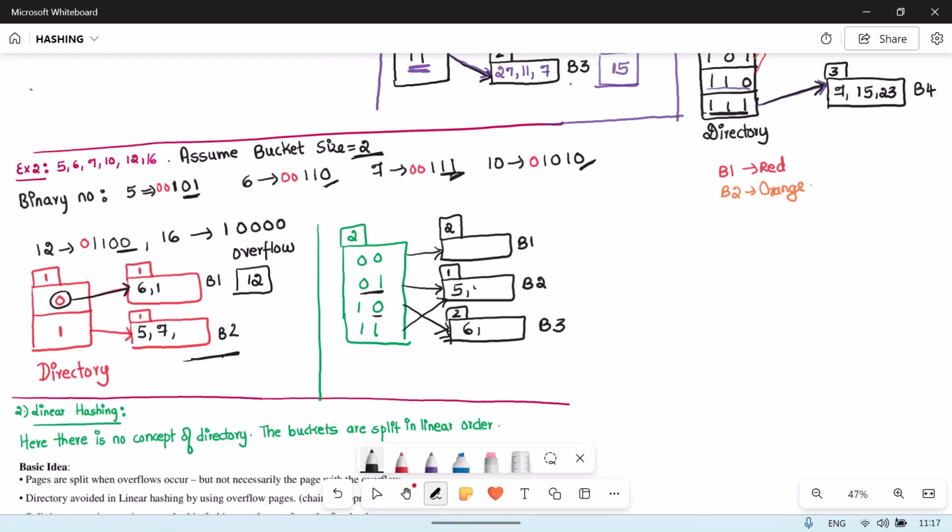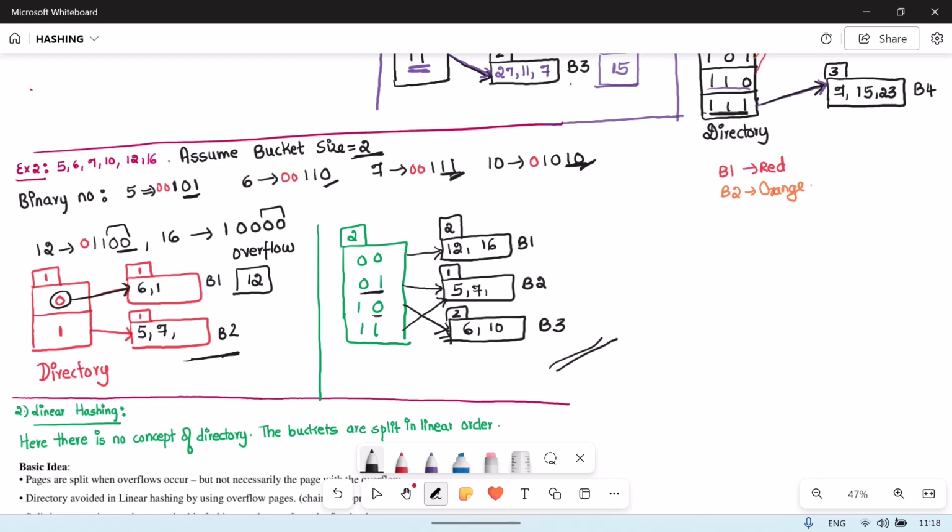Likewise, 10 is 10, so it will come here. Then you have 12. 12's last two bits are 00, so it will come here. And 16 also has last two bits 00, so it will come here.